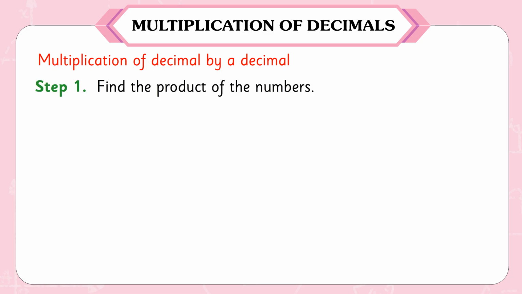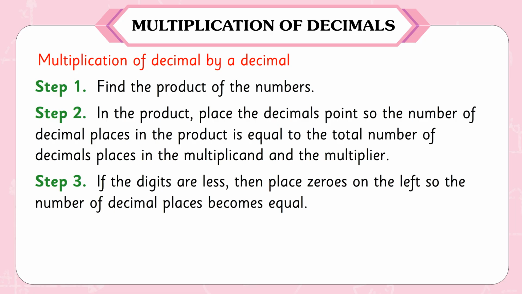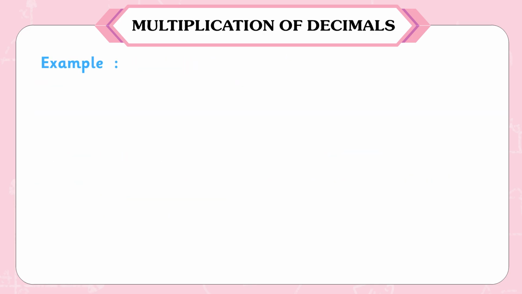Multiplication of decimal by a decimal. Step 1. Find the product of the numbers. Step 2. In the product, place the decimal point so the number of decimal places in the product is equal to the total number of decimal places in the multiplicand and the multiplier. Step 3. If the digits are less, then place zeros on the left so the number of decimal places becomes equal.